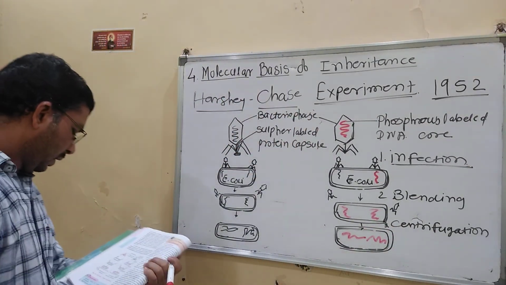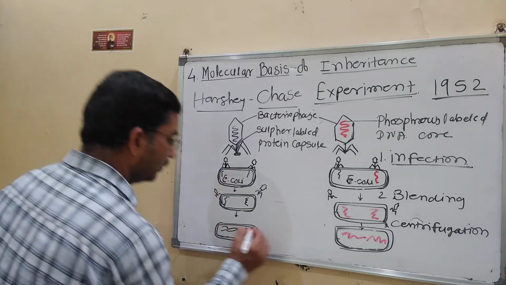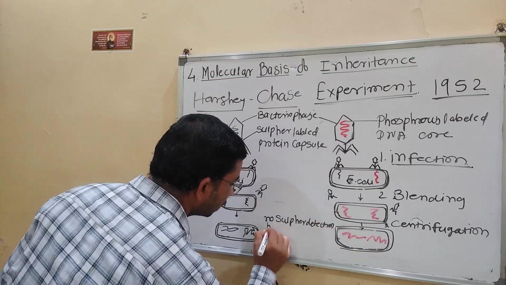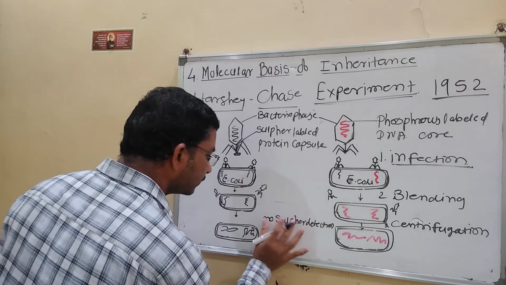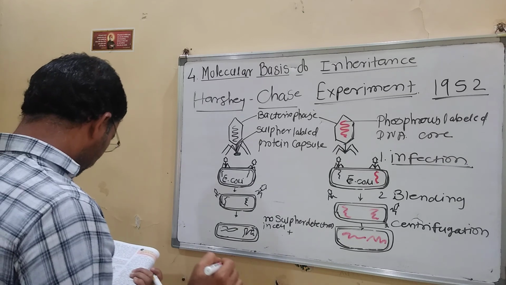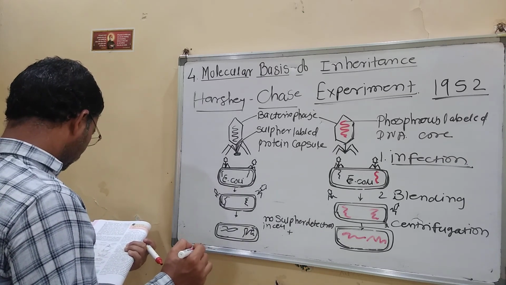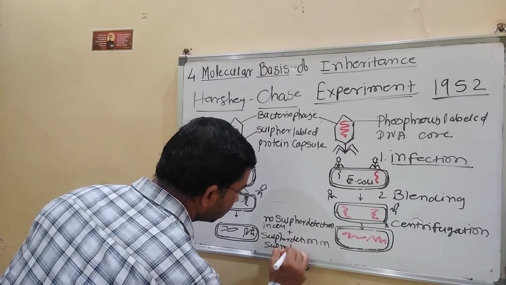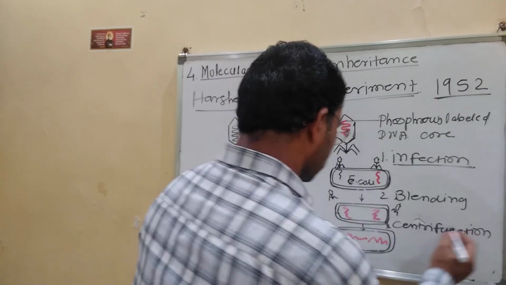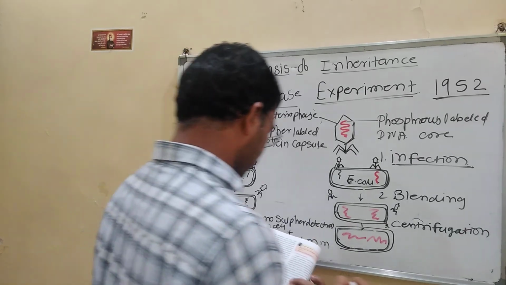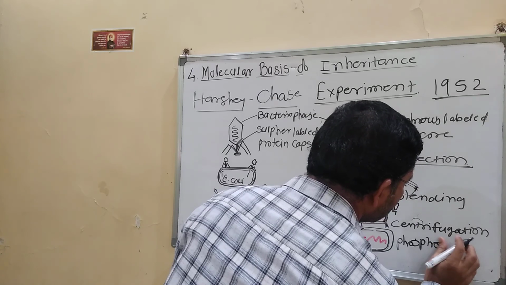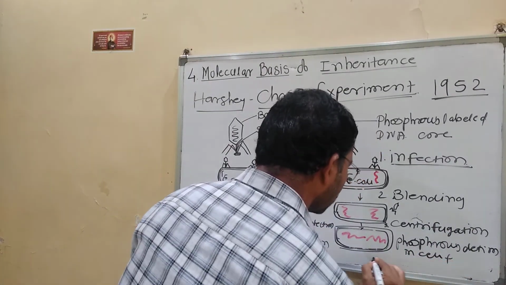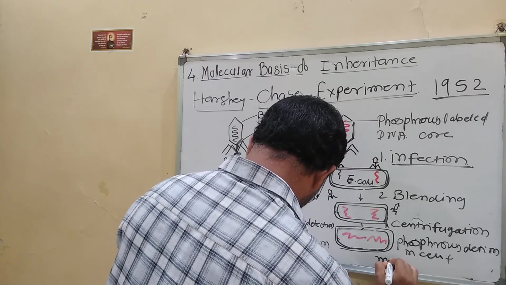Here we found no sulfur detection in the cell, but sulfur detection in the supernatant. In the other case, phosphorus detection in the cell, and no phosphorus detection in the supernatant.